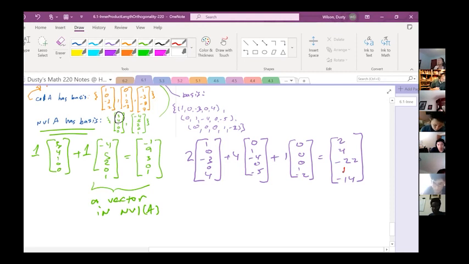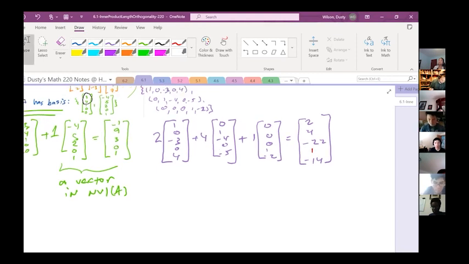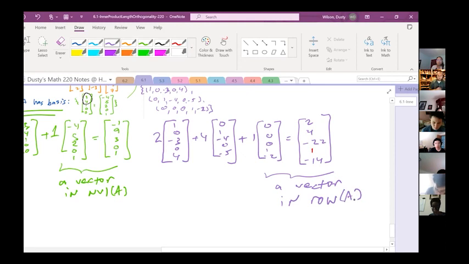Okay, so what did we just find? This right here is a vector in the row space of A. Now let's dot them and see what happens.